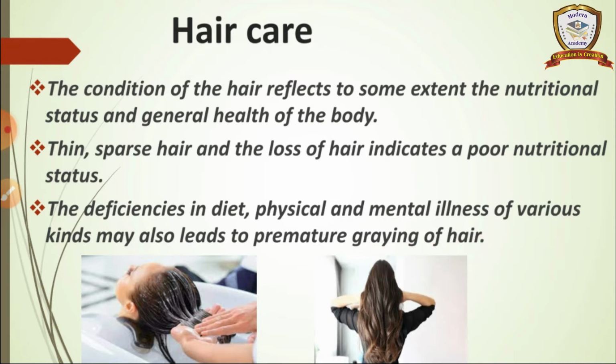Hair care is also important. Washing our hair twice a week with a mild shampoo, applying oil on the hair, and combing with a wide-toothed comb are hair care tips.